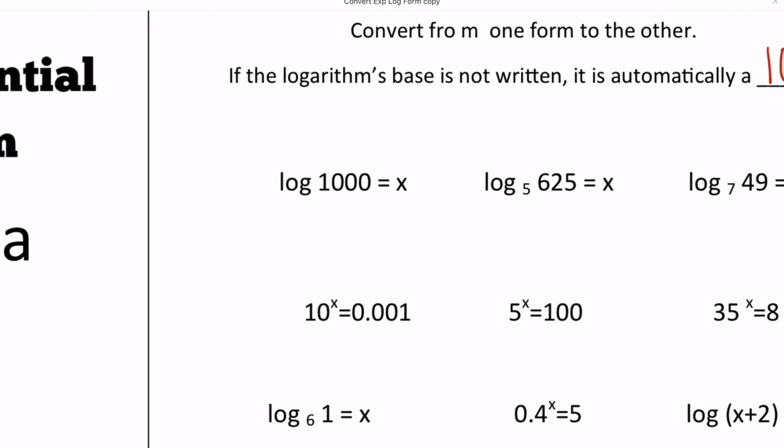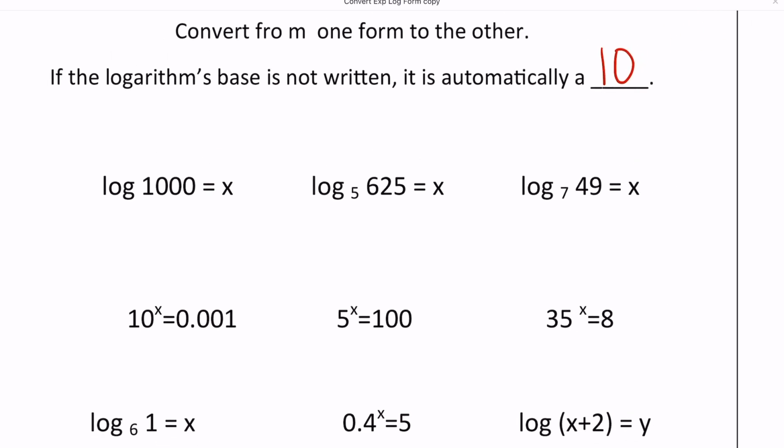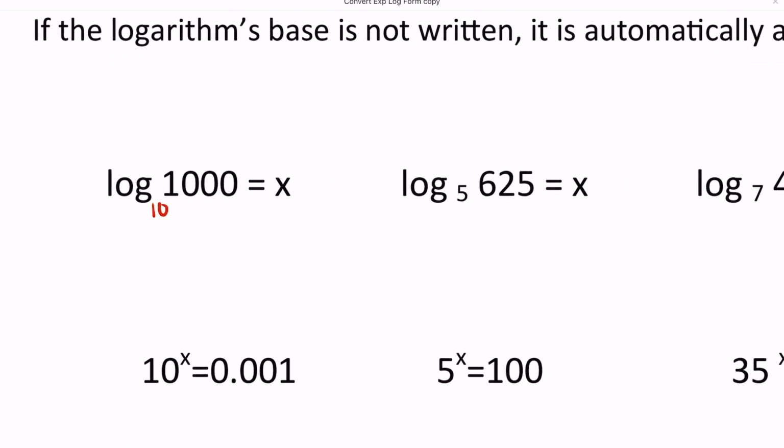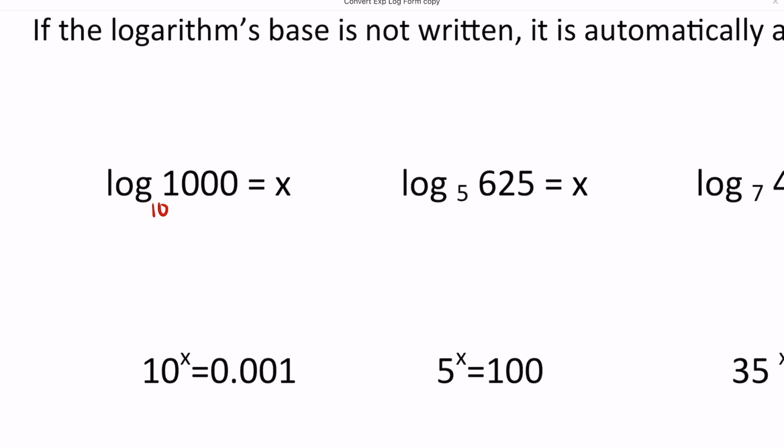If we look at this first example, we have log with no base of 1,000 equals x. Because there's no base written, I'm going to put a 10 as my base. And then I'm simply going to use the loop trick to convert to exponential. Remember, we start with our base 10, and then we draw our loop.